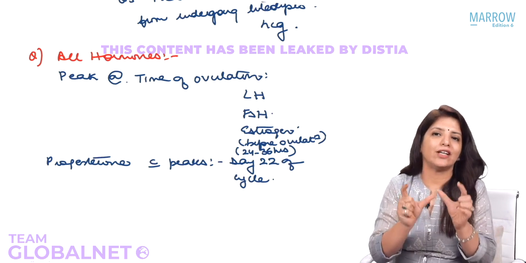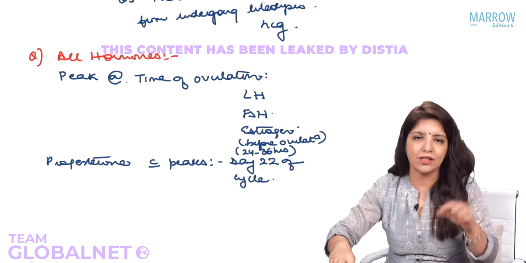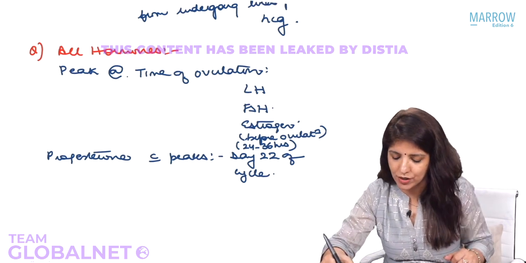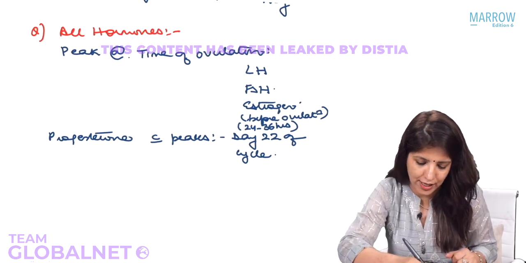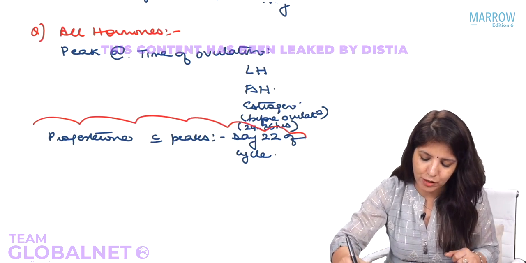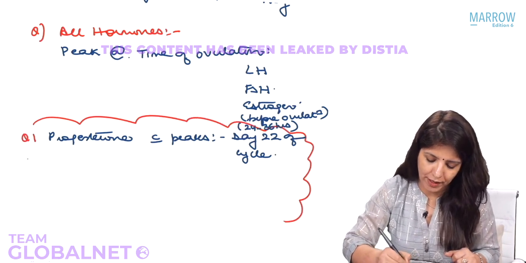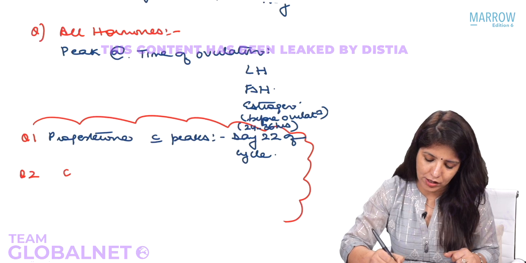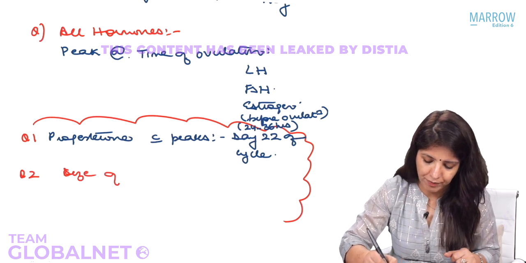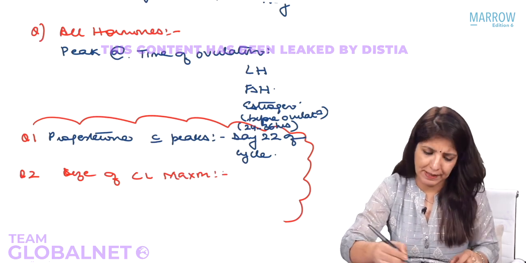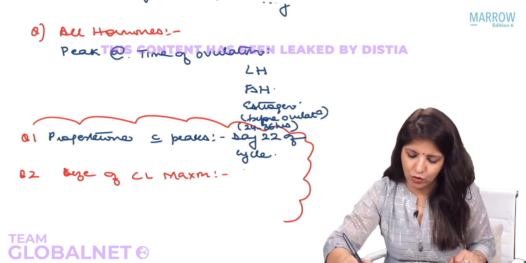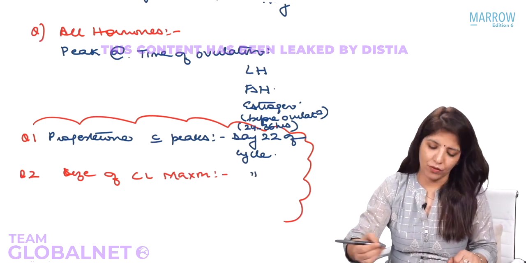So on this day 22, on the same fact, 3 types of questions can be asked. One type of question is, when does progesterone peak? That is question number 1. Question number 2, when is the size of corpus luteum maximum? Same question, 3 different ways of asking. You will say size of corpus luteum is maximum on day 22 of the cycle.